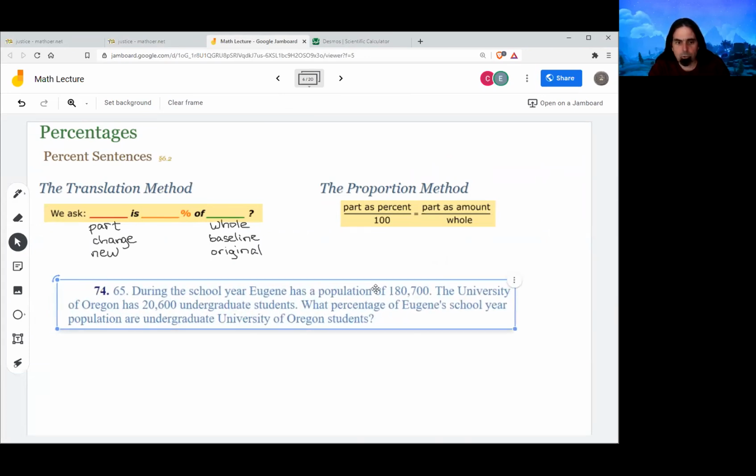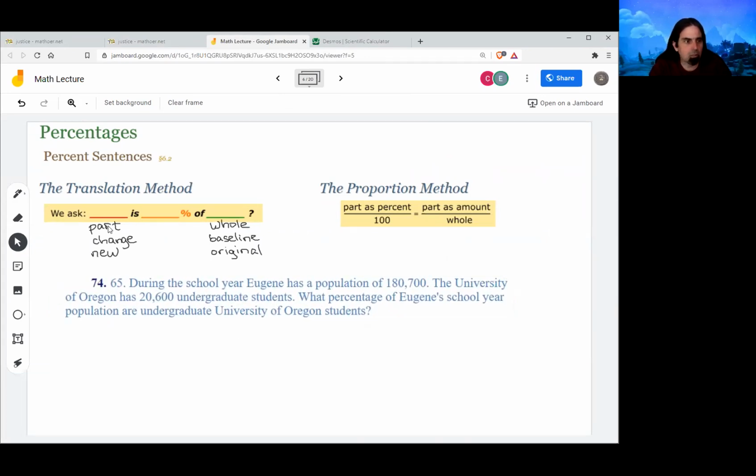During the school year, Eugene has a population, oops, why does that say 65? It shouldn't say 65. Of 180,700. The University of Oregon has 20,600 undergrad students. What percentage of the school year population are those undergrad students?